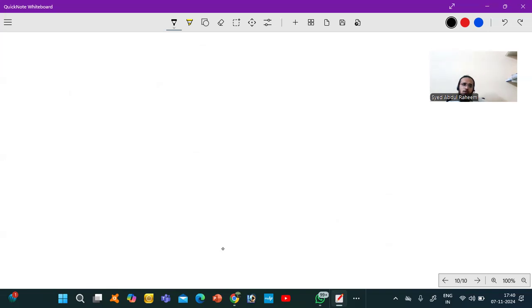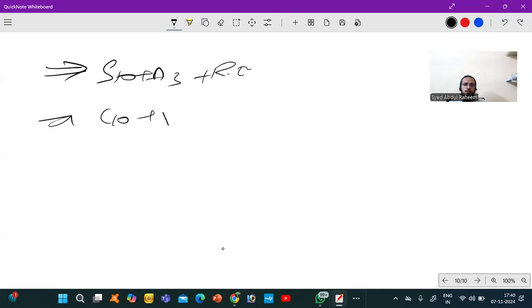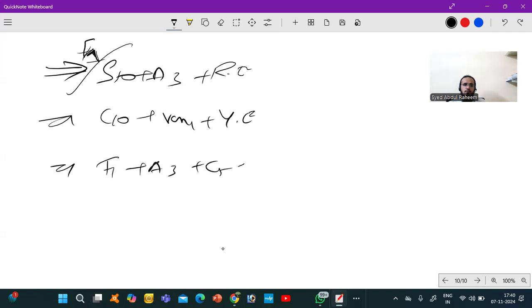So these are the formulas. So again, I will tell you S10 A3 RE, and along with C10 when YE. For pain F1, in place of S10 we can start with F1, F1 A3 C5 RE, and have external application F2 RE.